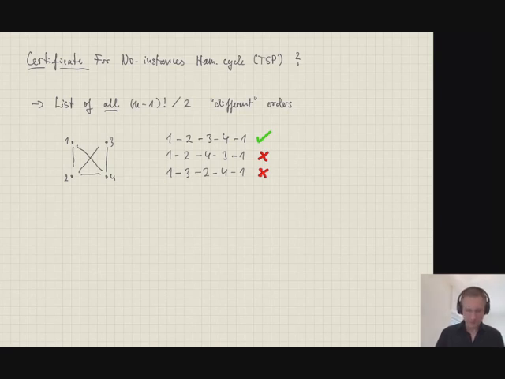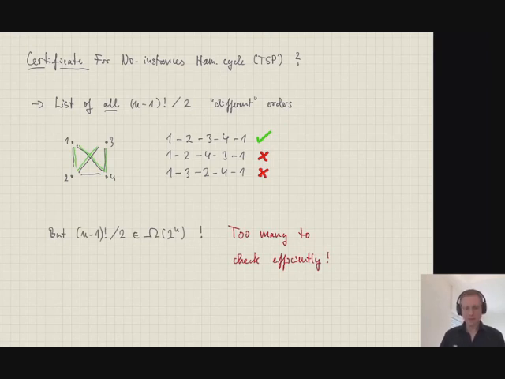Here in this example, there exists a Hamilton cycle, but if I go over all these orderings and none of them corresponds to a Hamilton cycle, then I would be convinced that no Hamilton cycle exists in this graph. So that is nice, we can certify no instances, but it's a bit problematic in the sense that the size of this certificate could be exponentially long, because this is essentially n factorial many orders that I have to consider.